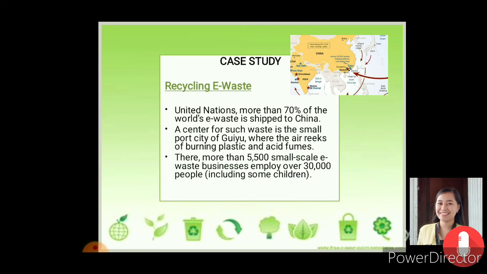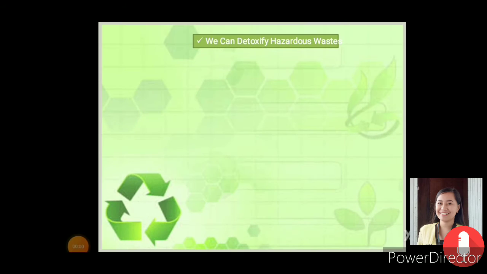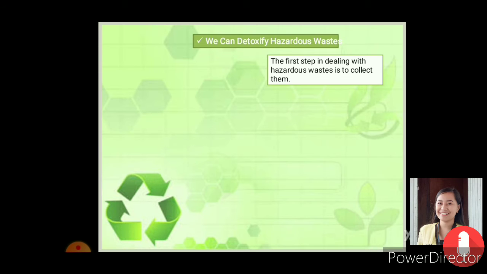They work for very low wages in dangerous conditions to extract valuable metals like gold, silver, copper, and various rare earth metals. We can detoxify hazardous waste. The first step in dealing with hazardous waste is to collect it.